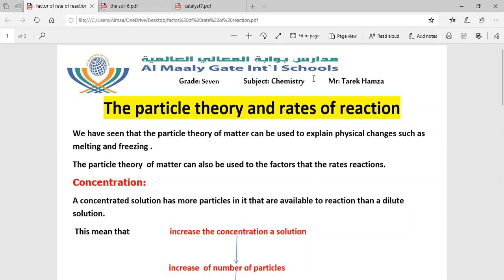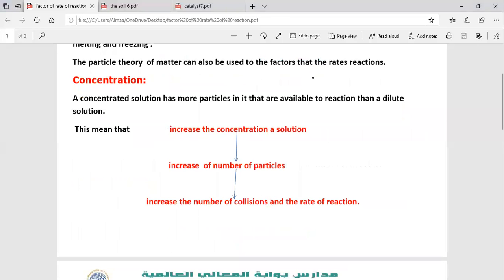The first one, concentration. How does the concentration of the reactants affect the rate of reaction? Look at this diagram.